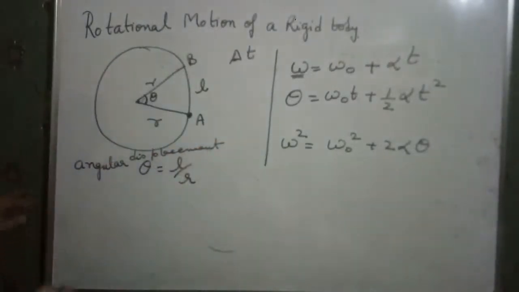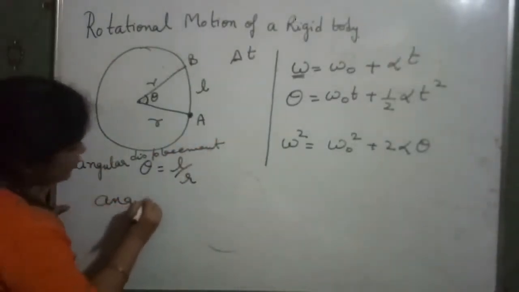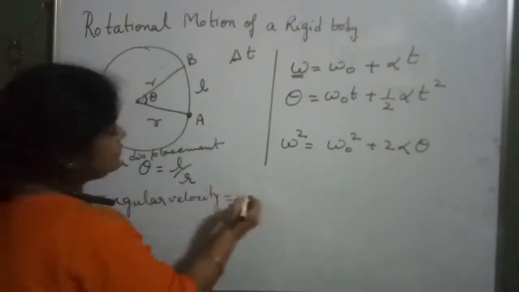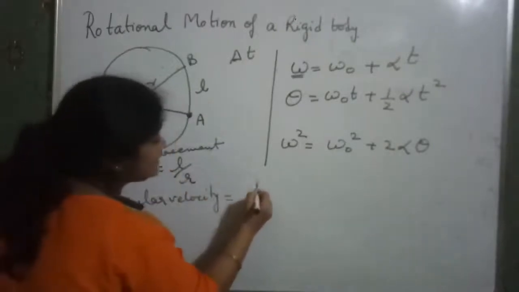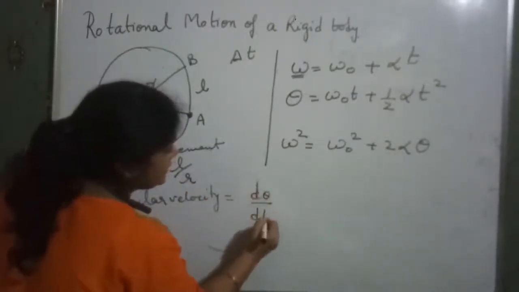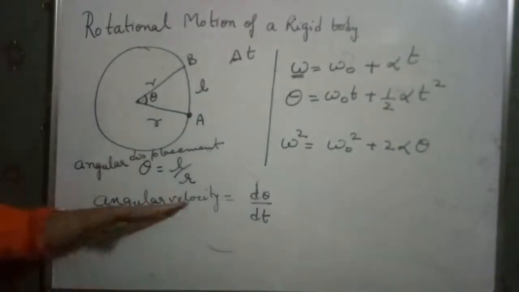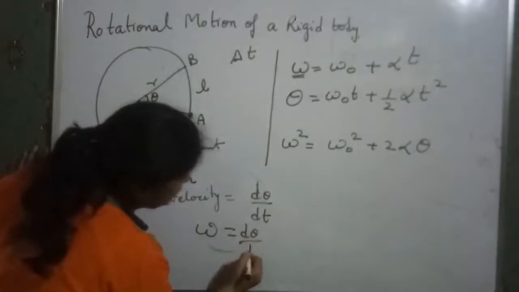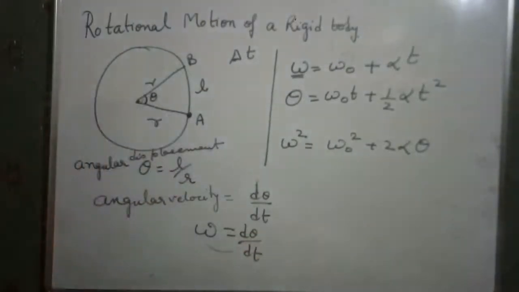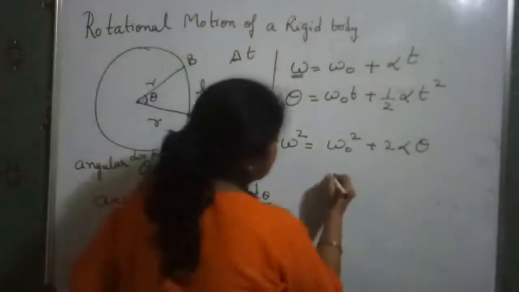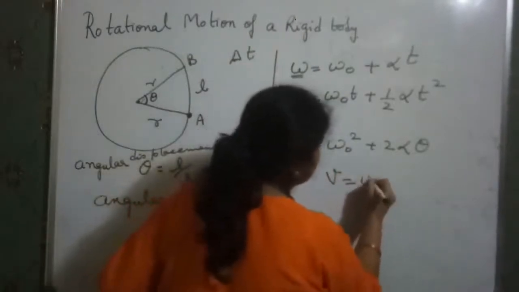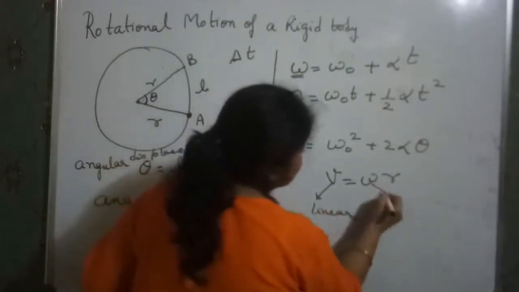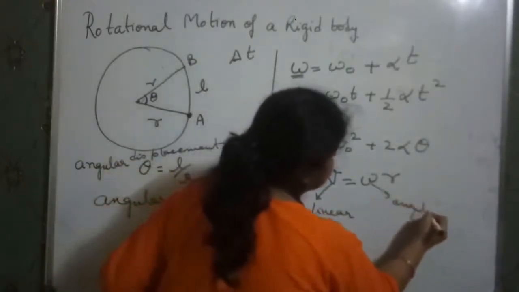Now, if we have to find angular speed or angular velocity, we have angular displacement over time, that is d theta over dt. Angular velocity is represented by omega, which is equal to d theta over dt. There is one more relationship between linear velocity and angular velocity: v is equal to omega r, where v is the linear velocity and omega is the angular velocity.